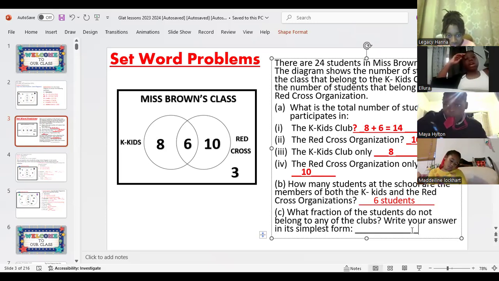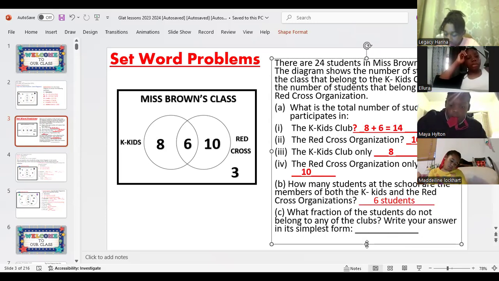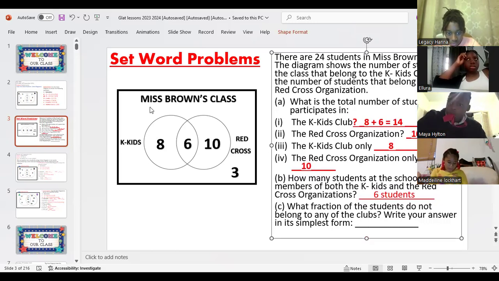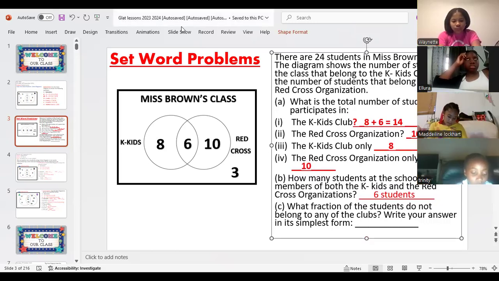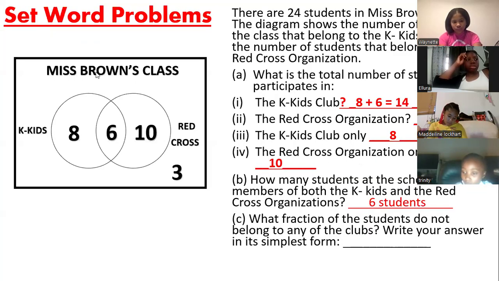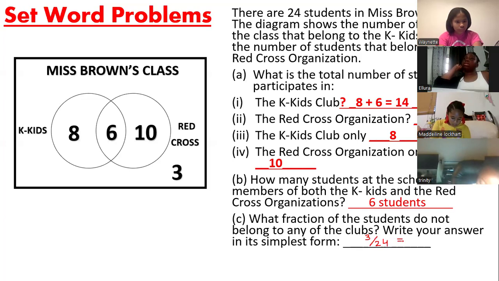All right, so what fraction do not belong to any of the organizations? It's going to be 3 out of what? 24. If you simplify it, it's 1/8. So 3 out of 24, and then if you simplify, it's going to be what?